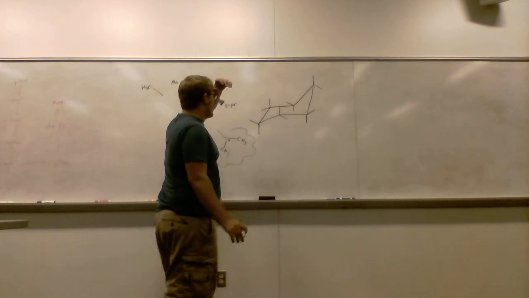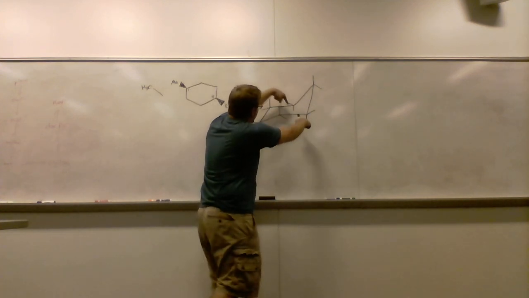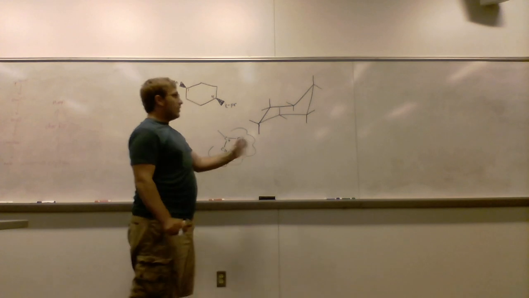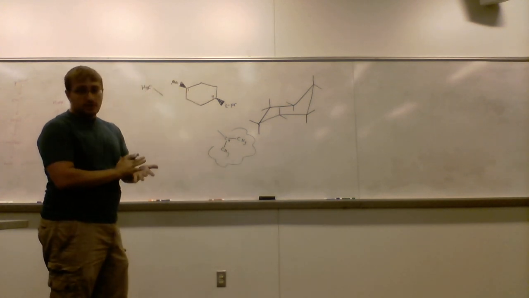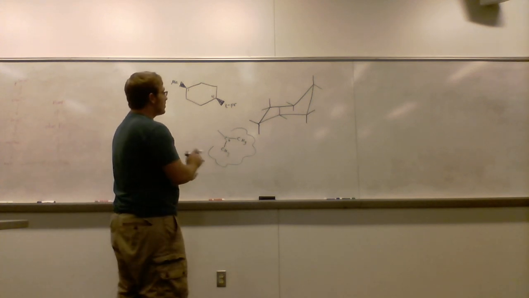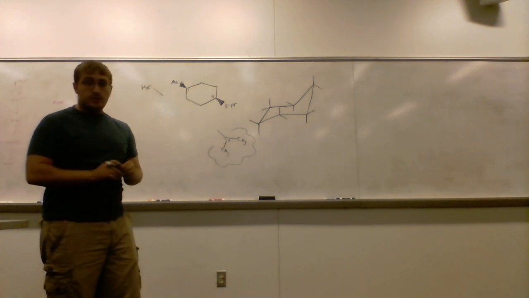Okay, so we went through, let's make sure it's pointing up, pointing down, pointing up, pointing down. Yep, we went through and labeled our axial and equatorial tick marks. So it does not matter which one you start with first.